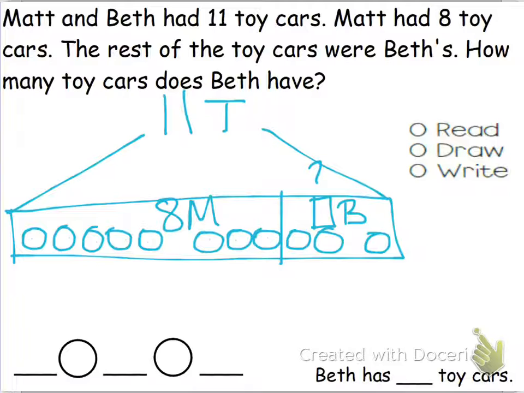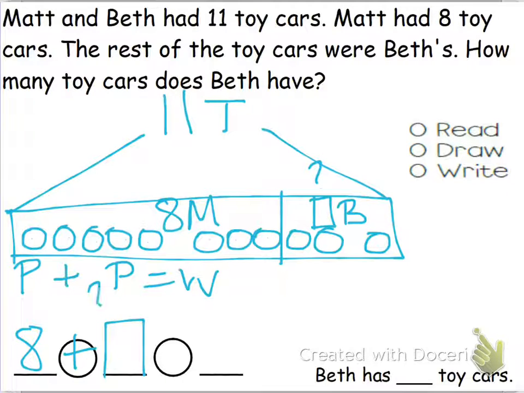So it doesn't necessarily match the word problem, because in the word problem, it would have to say that something is being taken away. But I will still show you the subtraction number sentence, just in case. For adding, it's our part plus our other part equals our whole. So we know our first part is 8 plus mystery box, we don't know our other part, equals 11, which is our whole.